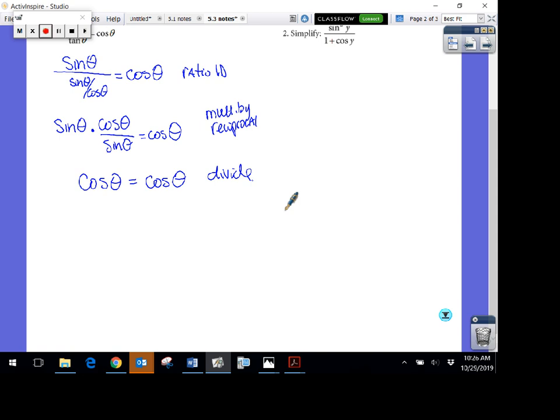So with a proof, you know the answer. Your work has to make sense. Just because you have cosine equals cosine here doesn't mean you get credit for the answer. We know that's going to be the answer. Okay, that's a given. The steps leading up to that must make sense. Once you make a mistake in a proof, then you're done. There's no way to recover. Every single step has to make sense in a proof.